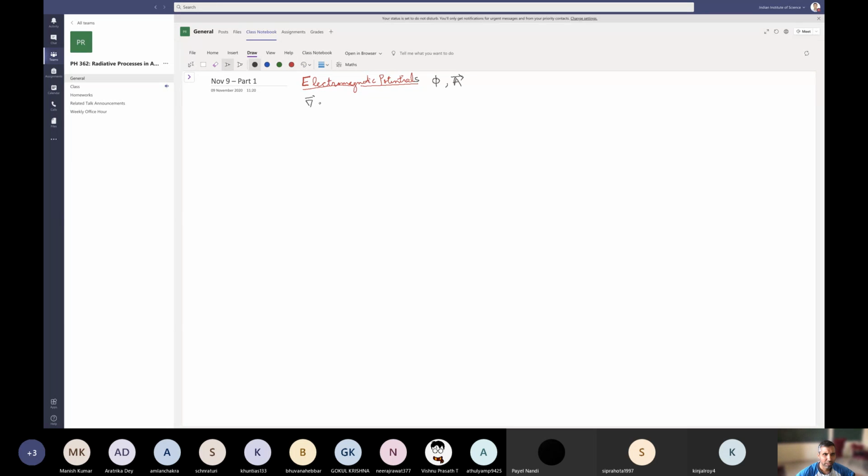Let me write down Maxwell's equations once more. So del dot B is equal to 0. What this implies is that you can always write B equals del cross some vector field, which is called the vector potential. Okay, and this is Faraday's law.